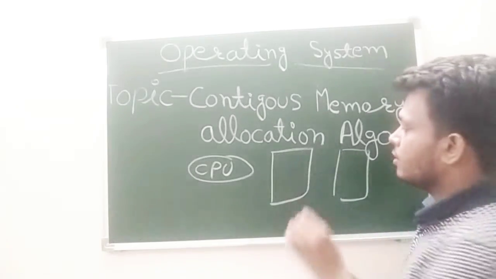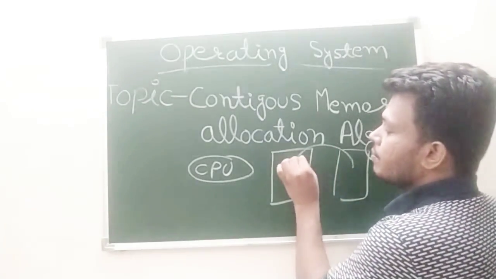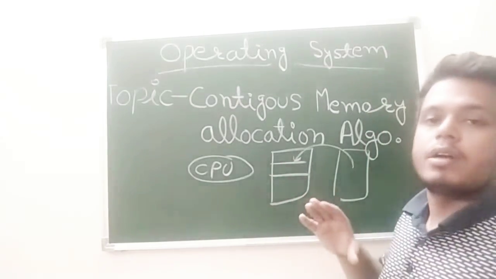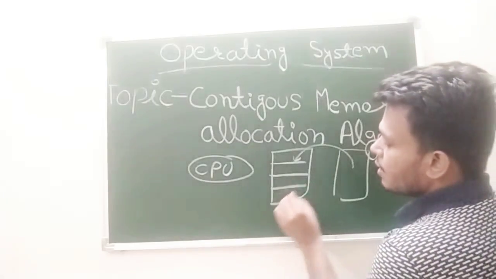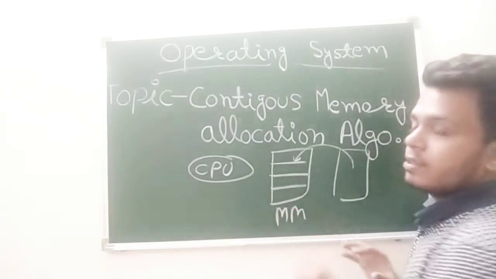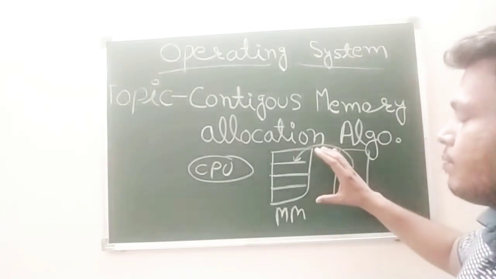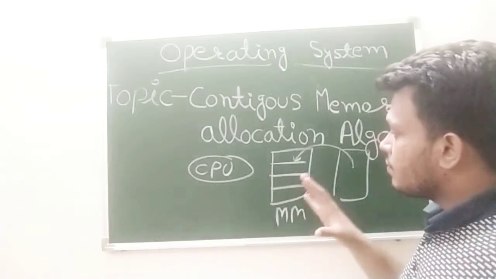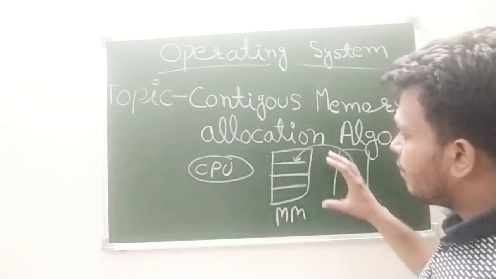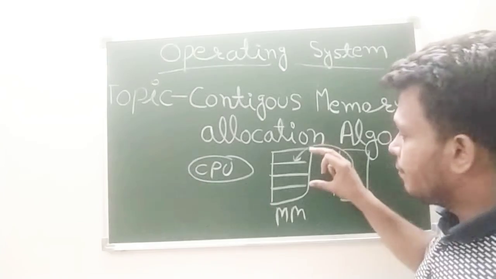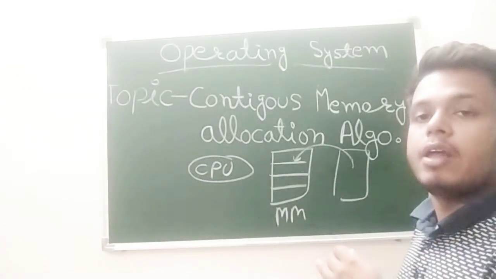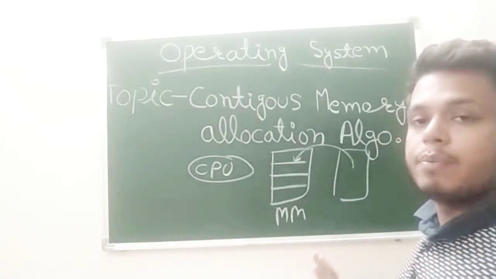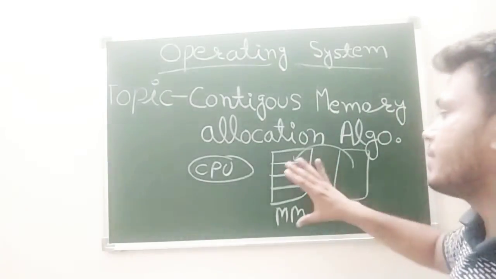We already know that processes come from the hard disk to the main memory, and in the main memory there are some spaces, or you can understand them as blocks. The algorithm we are going to discuss decides which process will get which block and how the processes will be allocated in these blocks. There are different algorithms, with the help of which we can use this space efficiently.